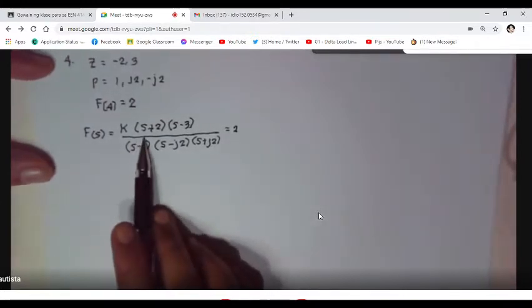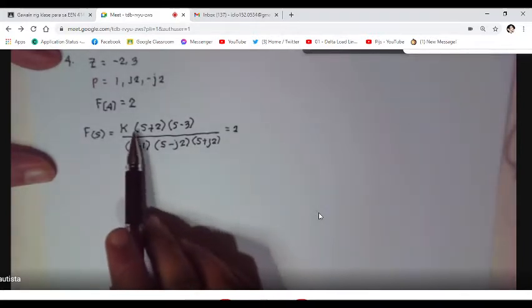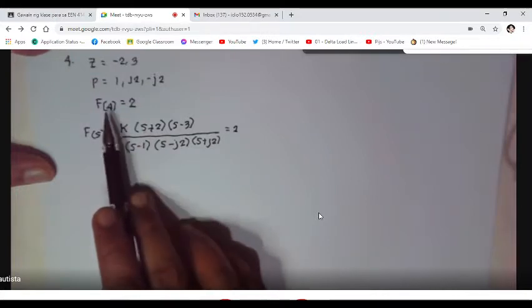What we are looking for is the transfer function, so substitute the value of s which is 4.